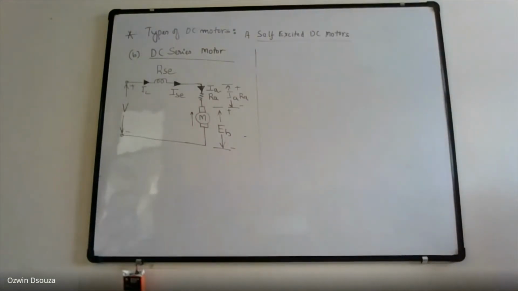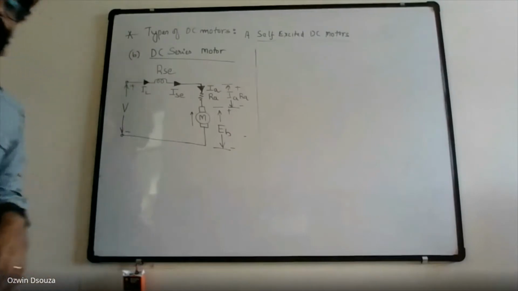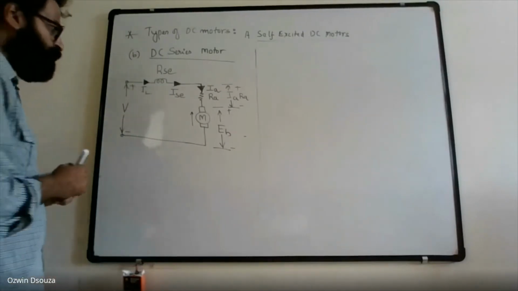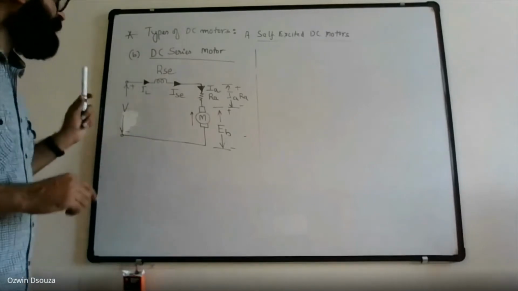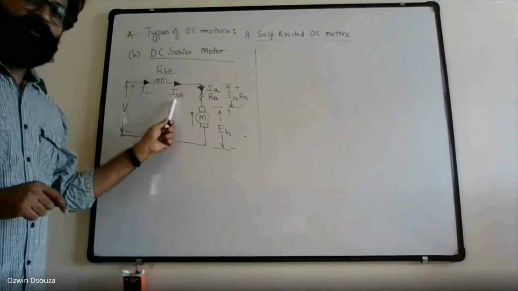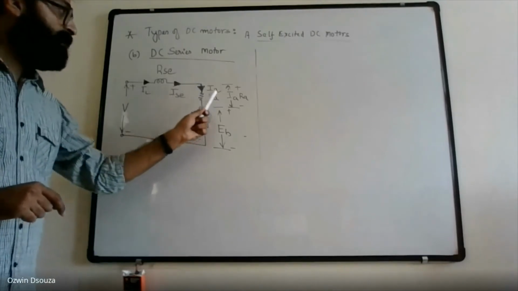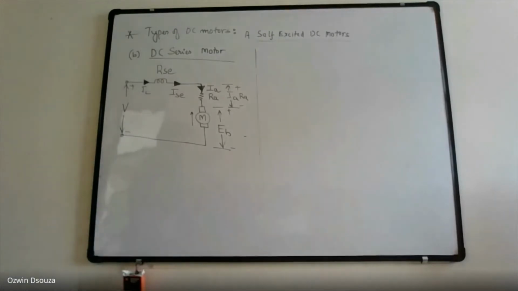In fact, the DC series motor is a very important motor in the DC motor category. Okay. Now, if you look at the equivalent circuit, you would see that the load current IL is equal to field current ISC is equal to armature current IA.